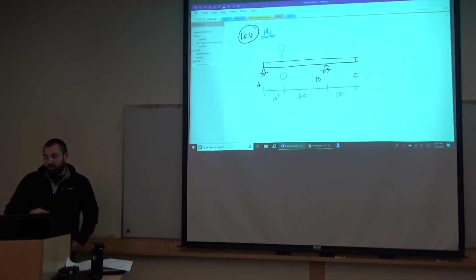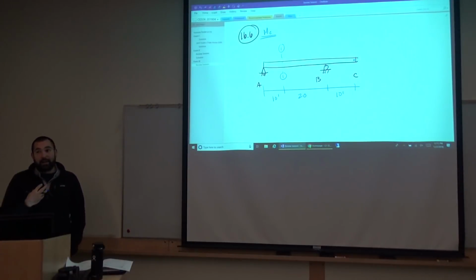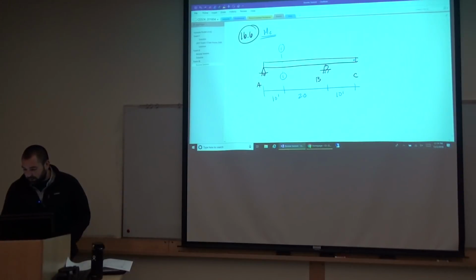So here, I'm basically adding a hinge at C, but there's nothing to the right of it, which is okay. It's possible to have a hinge out there, there's just nothing really connected to it. And then, just like you mentioned, you're going to draw a moment couple.